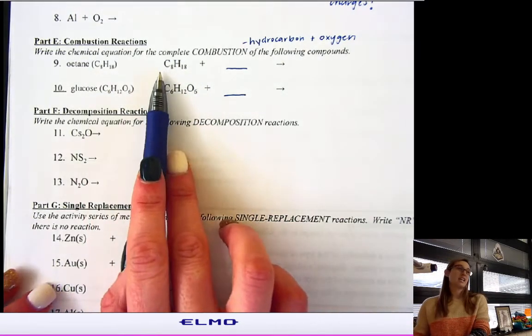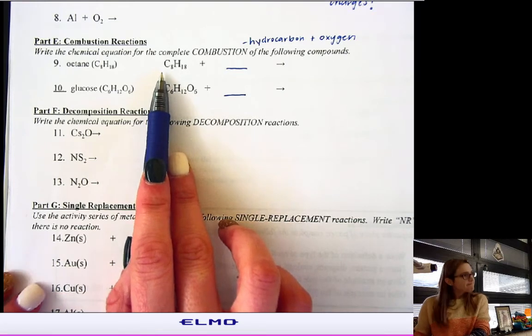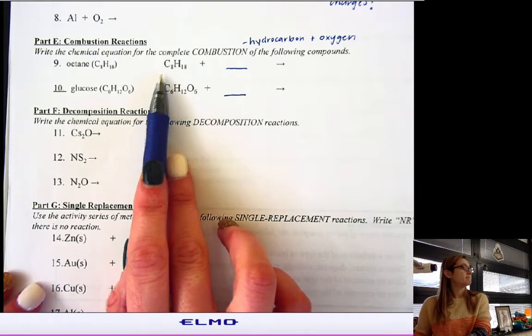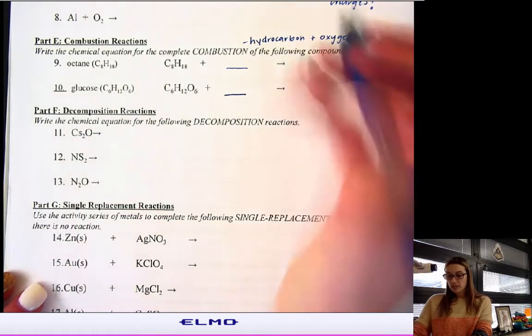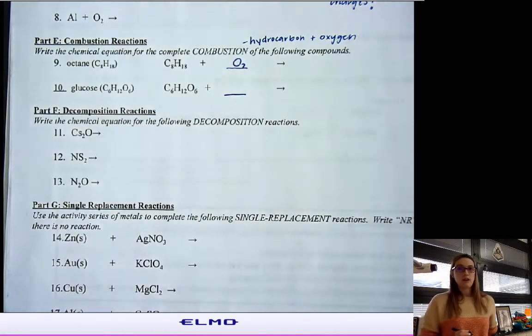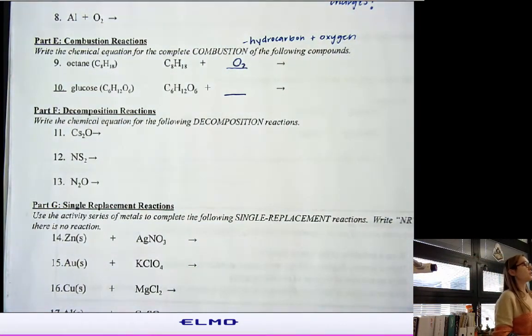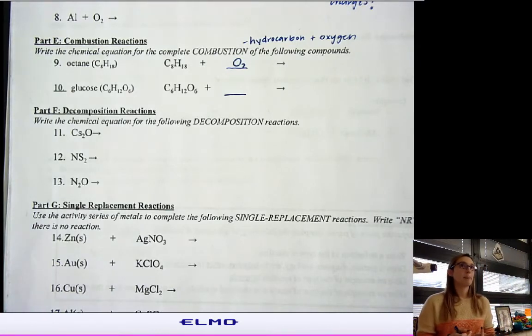Octane, that's gasoline. You light gasoline on fire, it's going to go boom. That's a combustion reaction. So whenever it's combustion, it is always plus oxygen. Oxygen is O2 because it's one of the 7 diatomic molecules, right? Brown H. Cliff.